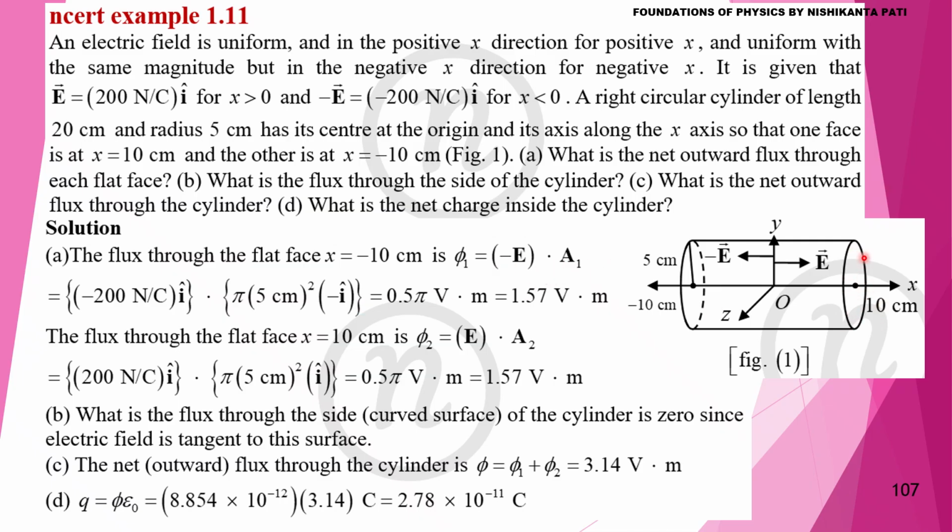The flux through this face is here the electric field dot this area vector. The flux through this curved side is 0 because the electric field is perpendicular to the area vector.